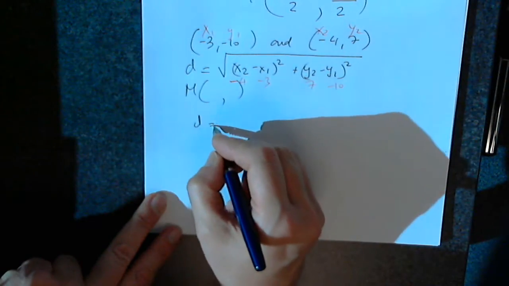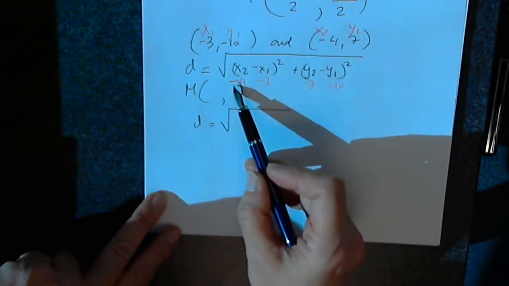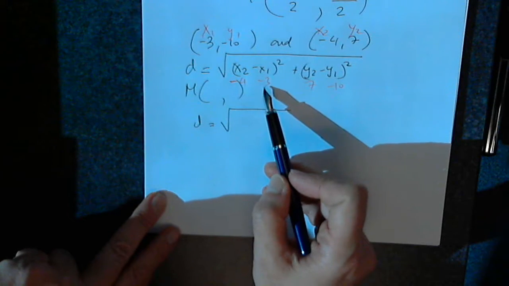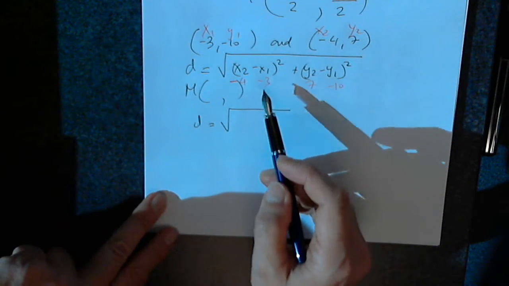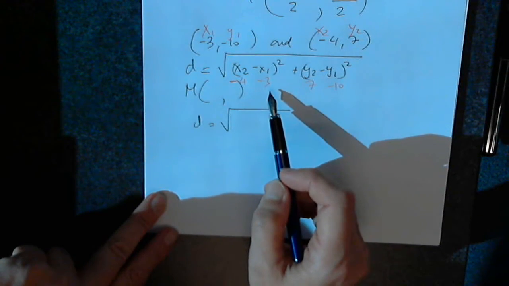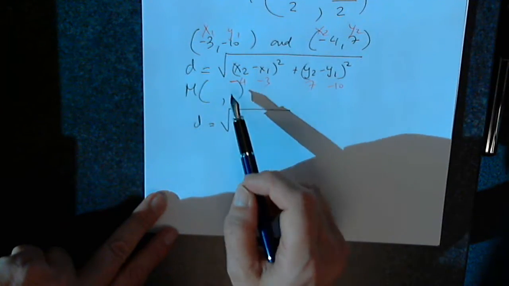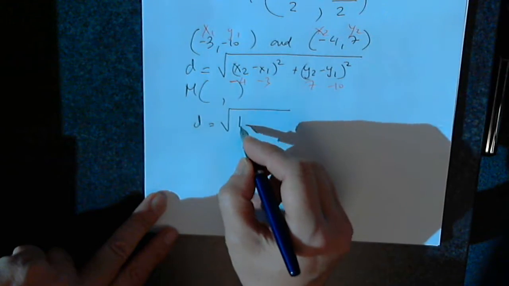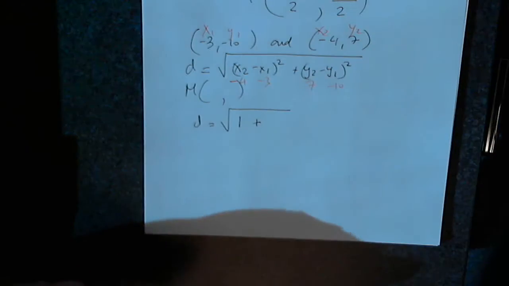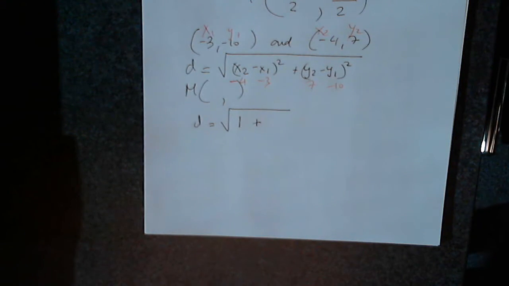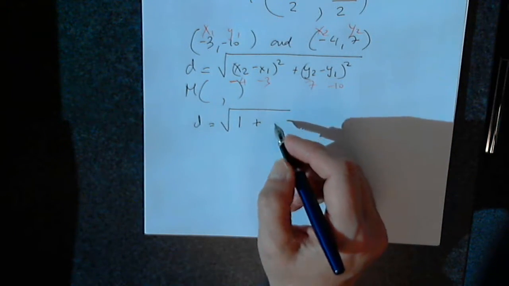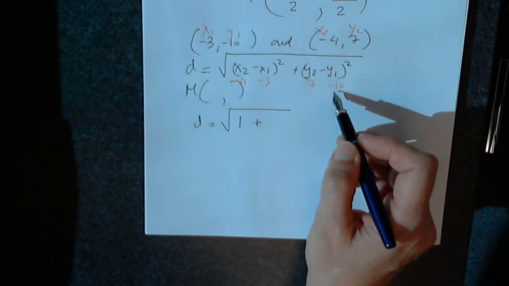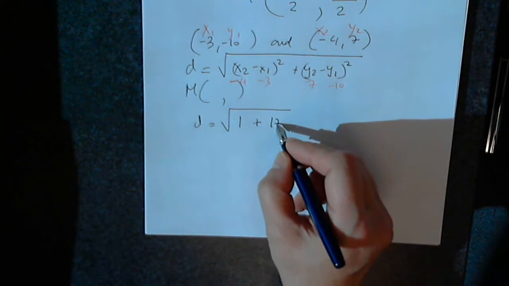So then d equals, how much is -4 minus -3? -1, right? -4 minus -3 is -4 plus 3, which is -1. -1 squared is 1, plus 7 minus -10, which is 17. 17 squared.